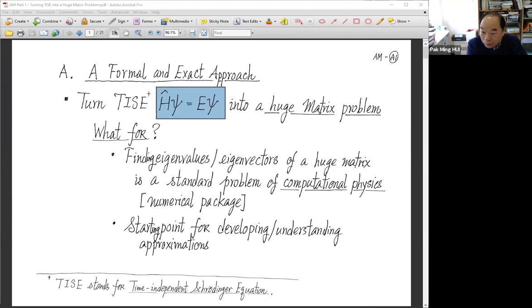So you will solve some phi that will be the allowed wave functions, meaning satisfying some boundary conditions, as well as this equation, okay? And for each of these allowed wave functions, there is a corresponding E value, that is the allowed energies, the allowed values of the energy, okay?